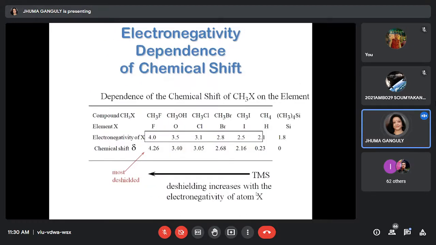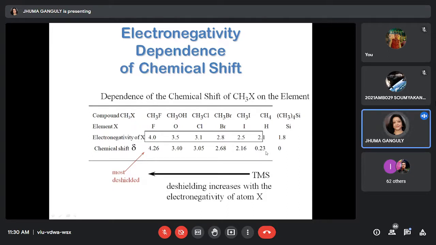I already showed this chart, where I fixed the CH3 group and changed one substituent: fluorine, OH, Cl, Br, I, and CH4 with TMS. TMS is zero chemical shift, but depending on the electronegativity or withdrawing effect, the delta value changes. Fluorine is the most electron withdrawing, so the value is 4.24, and for CH4 it is 0.23.